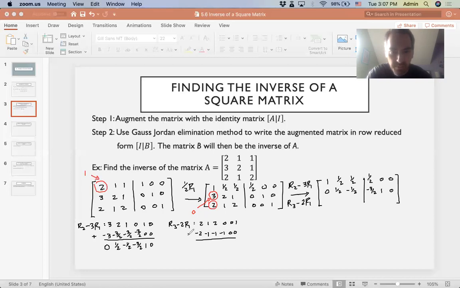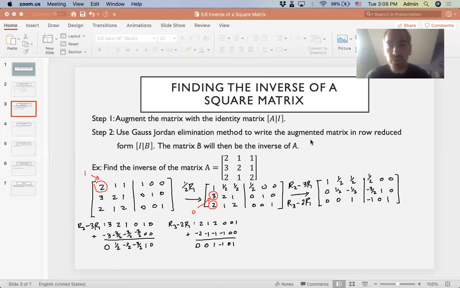Adding those together, 2 plus a -2 is 0. 1 plus -1 is 0. Then a 1, -1, 0, and 1. All right, so the first column is done. We have the 1 in the first entry, zeros everywhere else.